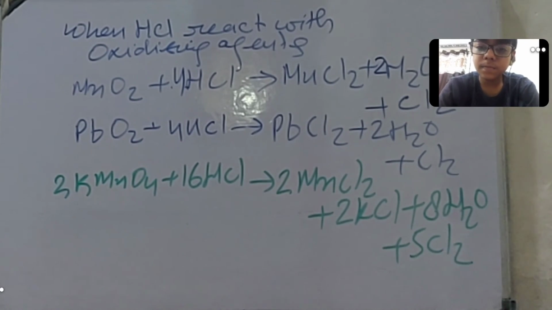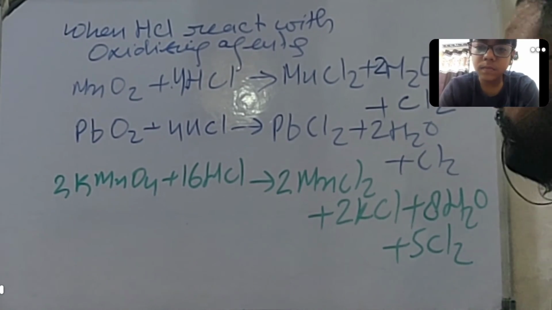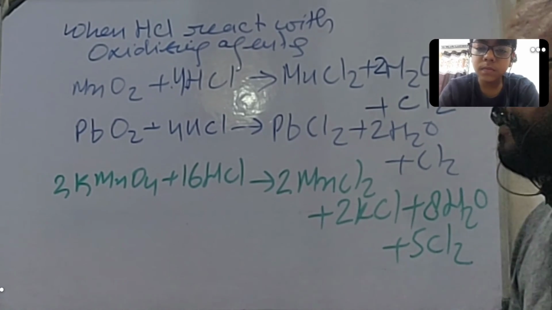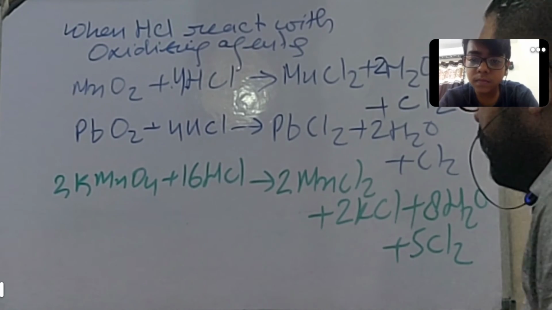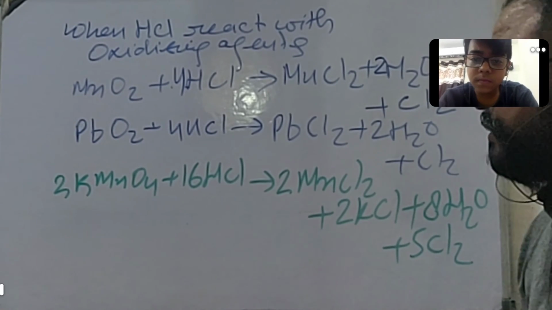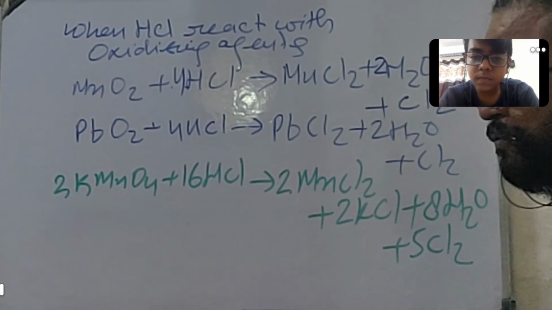Getting it? It is quite complicated, but you see here that hydrochloric acid reacts with oxidizing agents and gives you chlorine.